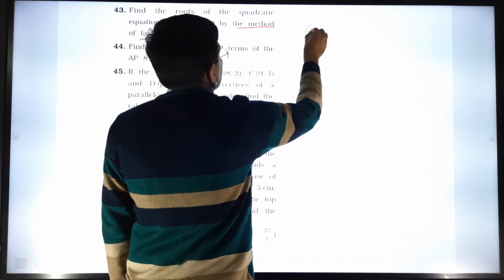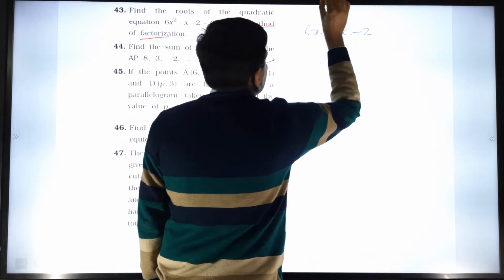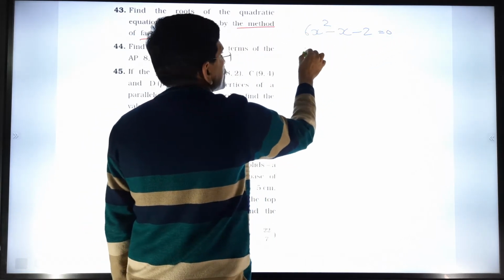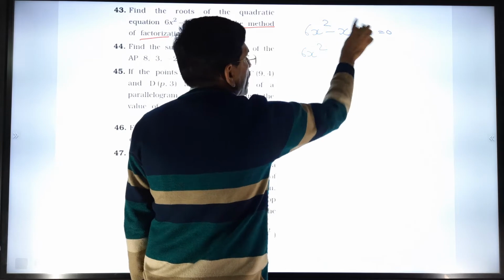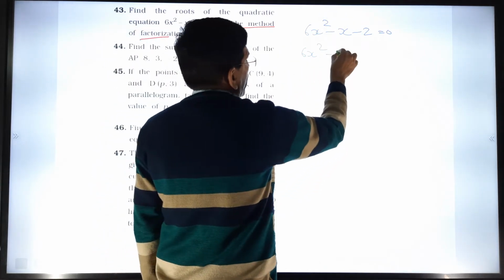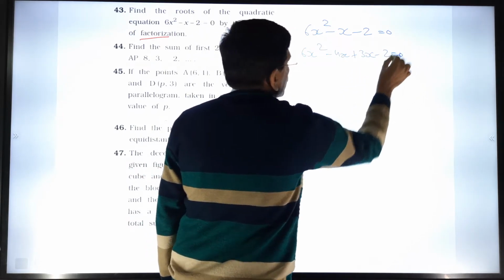So 6x square plus 7x minus 2 is equal to 0. 6 times 2 is 12, the factors of 12: 3 times 4 is 12. So minus 4x plus 3x minus 2 is equal to 0.